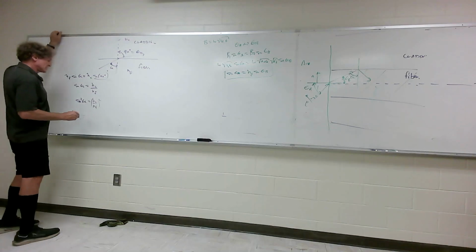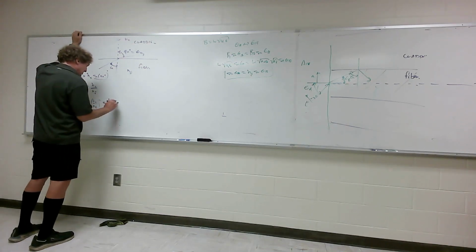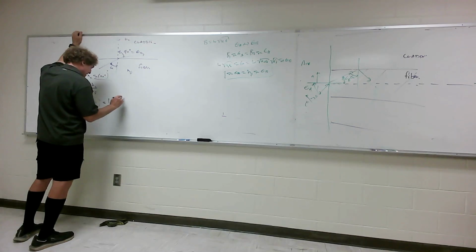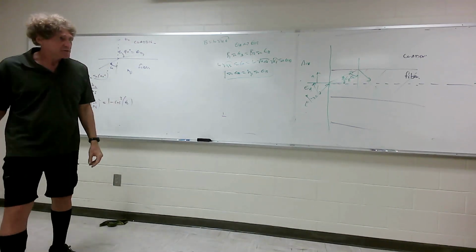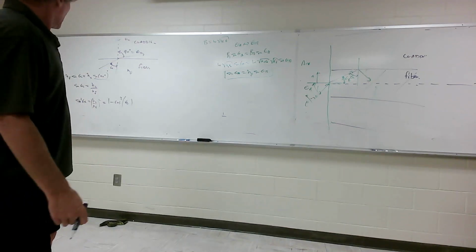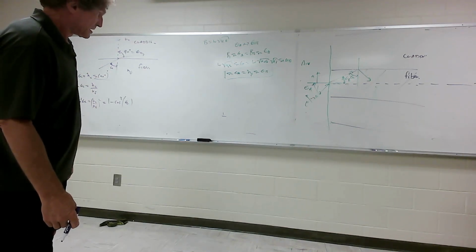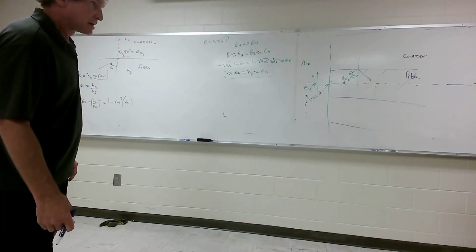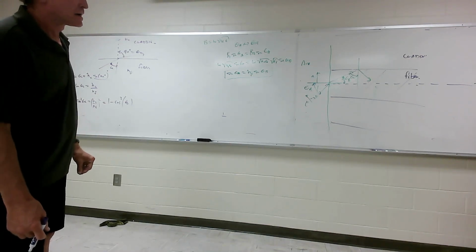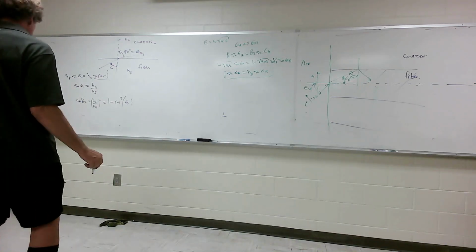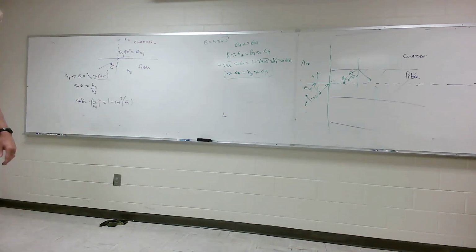Well, sine squared is always equal to 1 minus cosine squared of theta c. I think I can do it that way. So, are you with me so far?